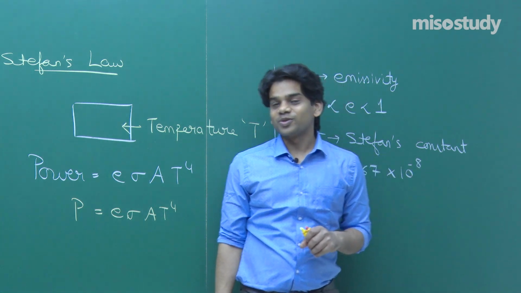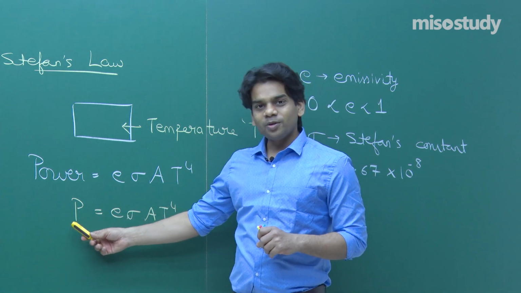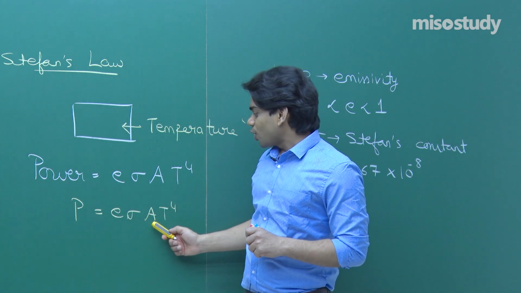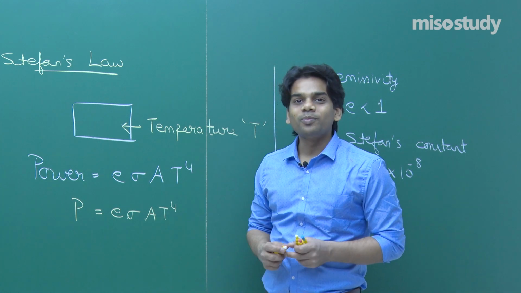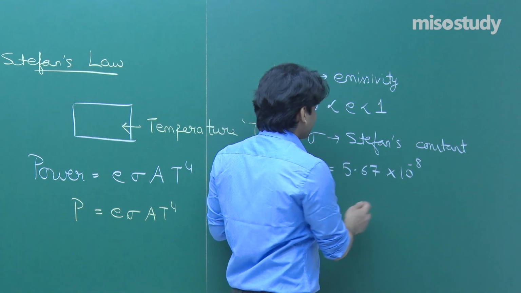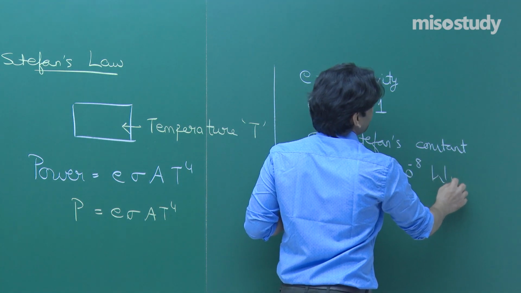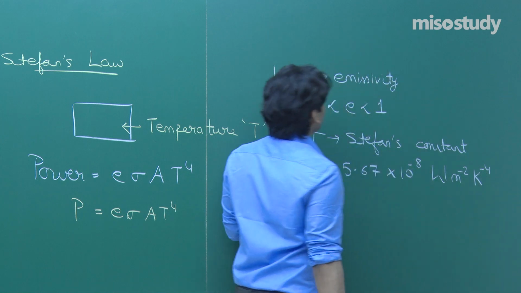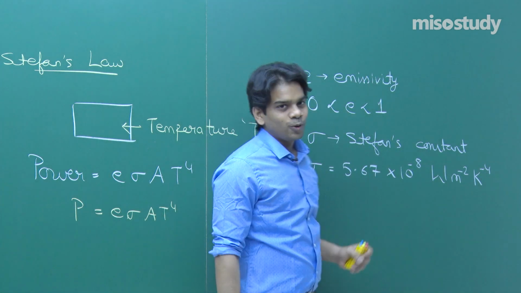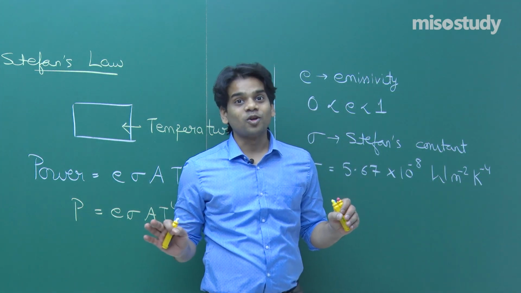Now how to check the units? The unit of power is watt, the unit of area is meter square, and the unit of temperature to the power 4 is Kelvin to the power 4. So the unit will be watt per meter square per Kelvin to the power 4. Emissivity has no unit; it is unitless, so no need to worry about that.